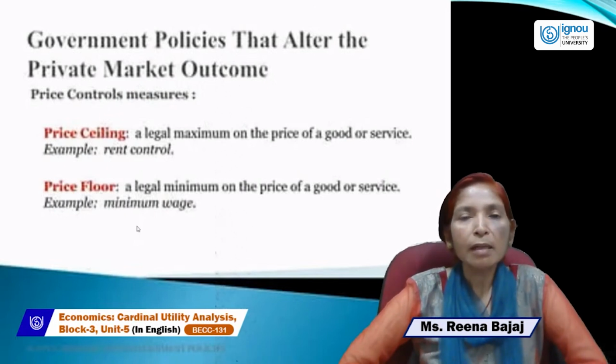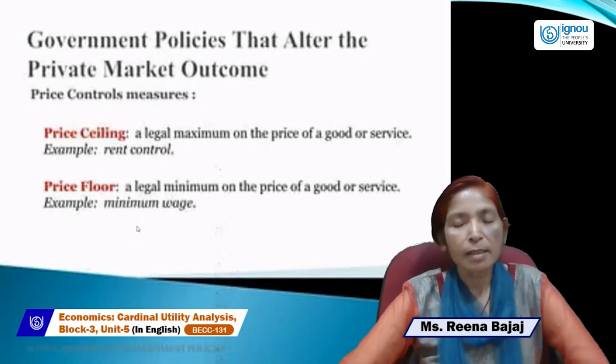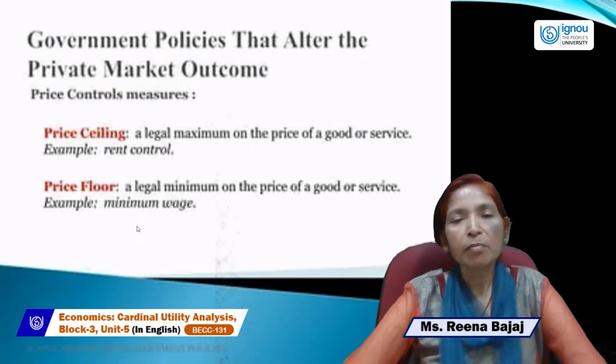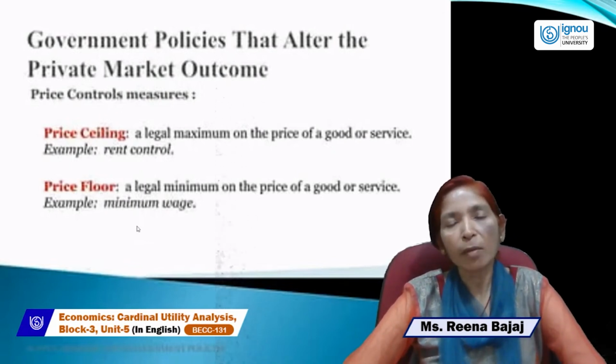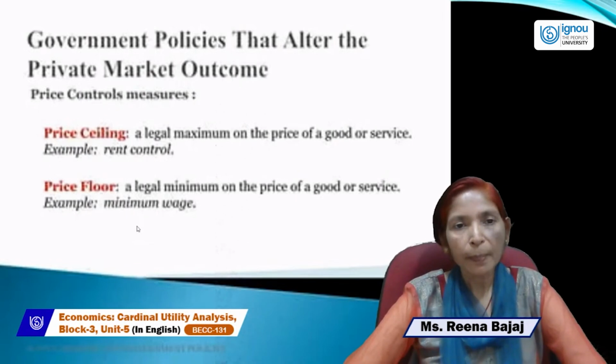Price ceiling is a legal maximum limit on the price of a good, commodity or service, and its example is rent control. And price floor is a legal minimum limit on the price of any commodity or service. Its example is minimum wage legislation. Both the price ceiling and price floor are fixed by the government.